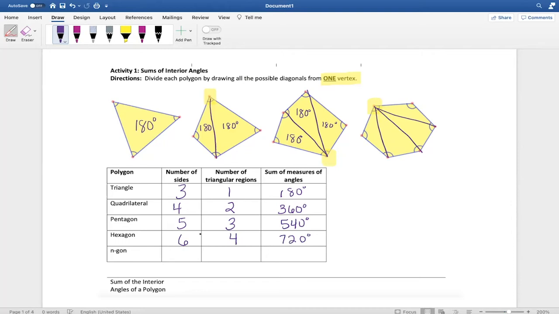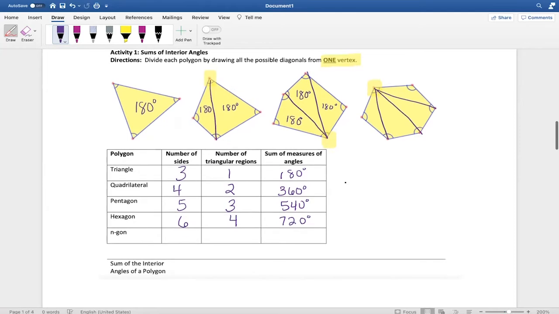So by filling out this chart, I can look at some patterns here and see if there is a formula we can use to figure out the sum of the measures of the angles in any polygon. A pattern that I notice is that the number of regions, every time I divide it by those diagonals, is the number of sides minus 2.